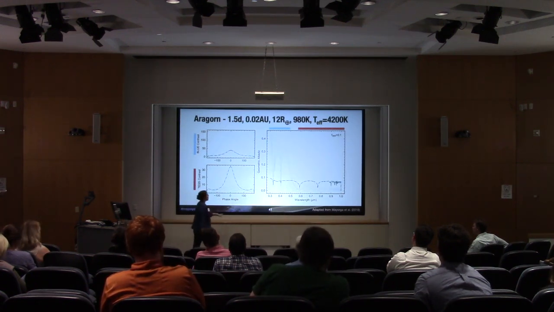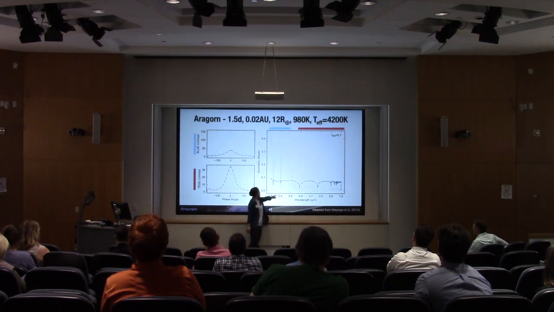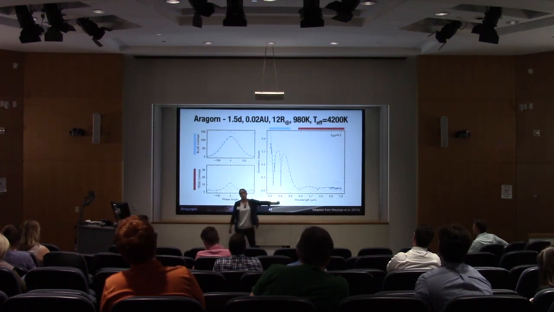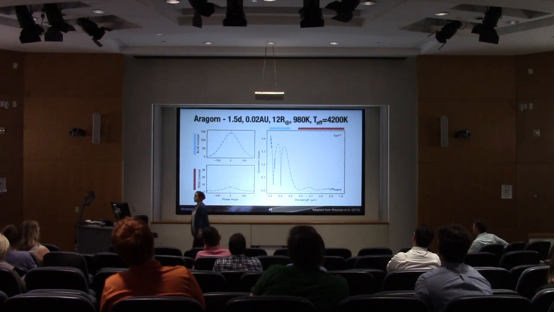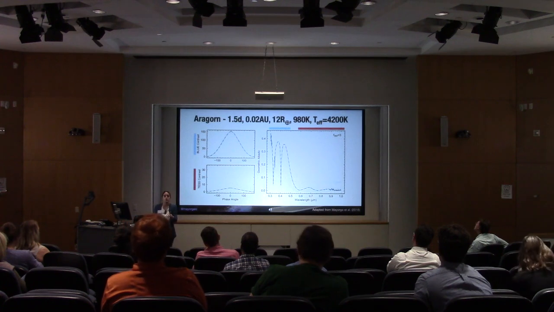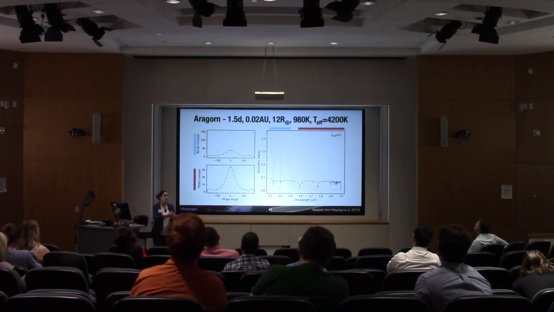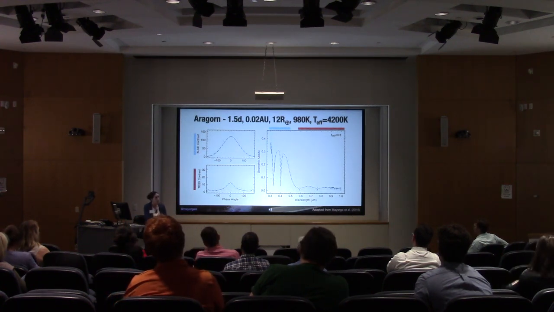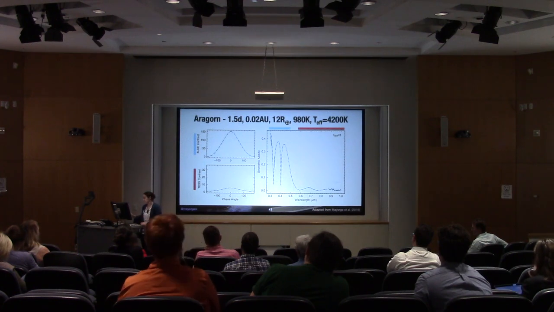And so the peak of the reflected light happens right here, where Rayleigh scattering is dominating, right? So this blue wavelength range is really important to protect if you want to actually study reflected light in exoplanets and make that connection to the direct imaging space that we're going to need to understand for the future.